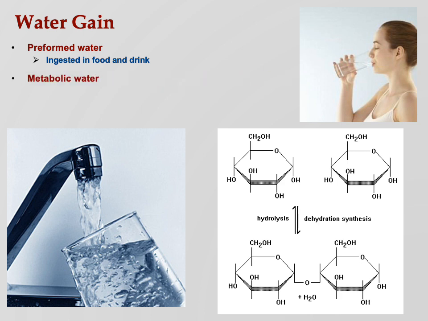Then there's also metabolic water, which is water you make. So remember all the way back to 156, hydrolysis and dehydration synthesis reactions. So look on the bottom, we've got two glucose tied together in a glycogen or in a starch. And then a hydrolysis reaction, hydrolysis, we take away a water.